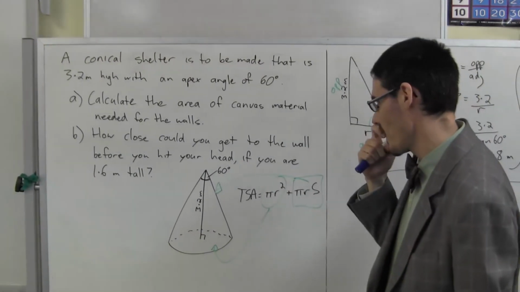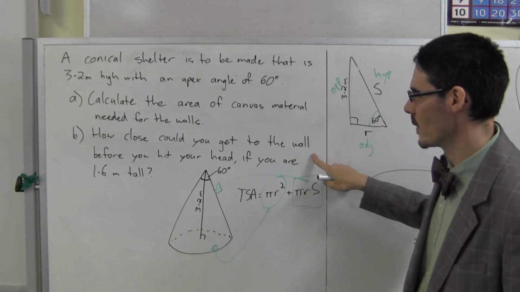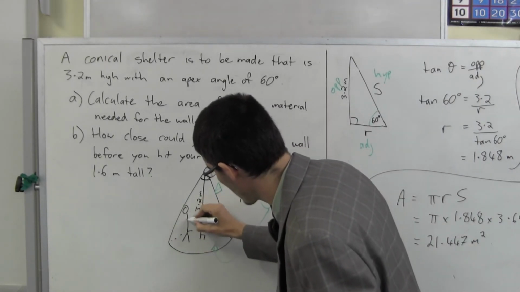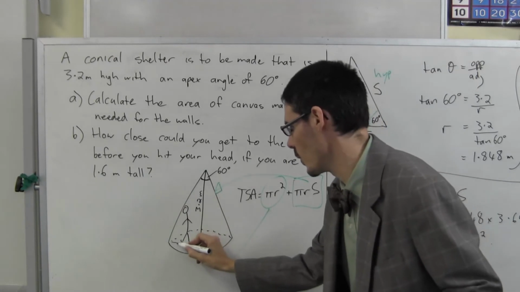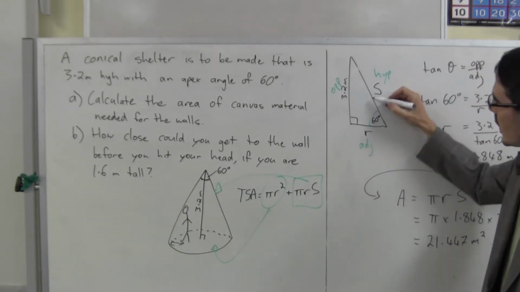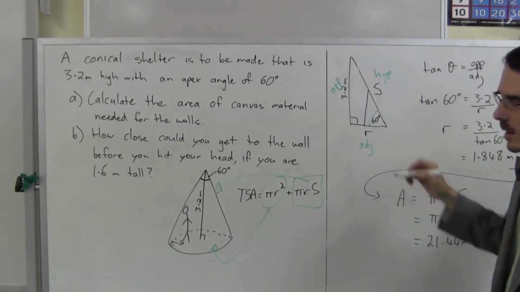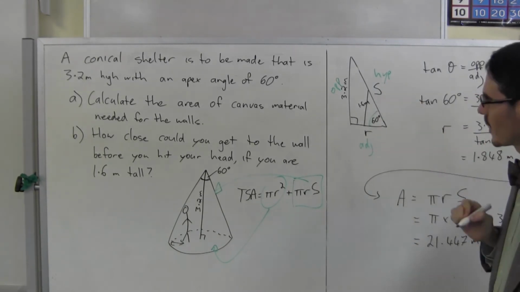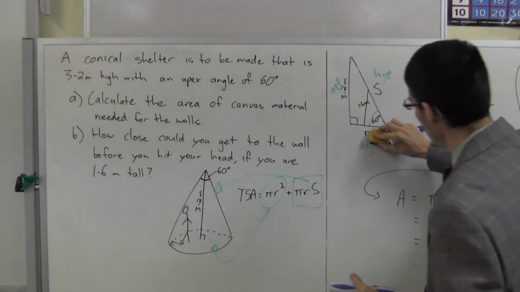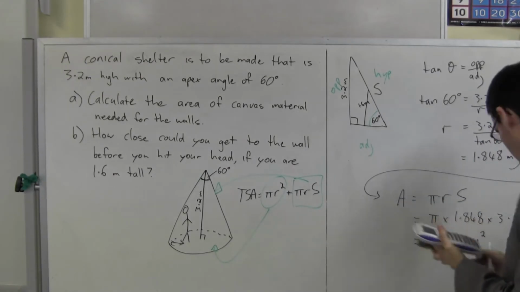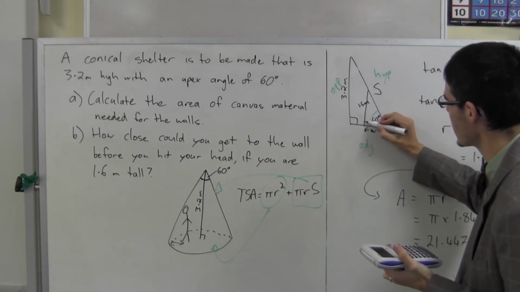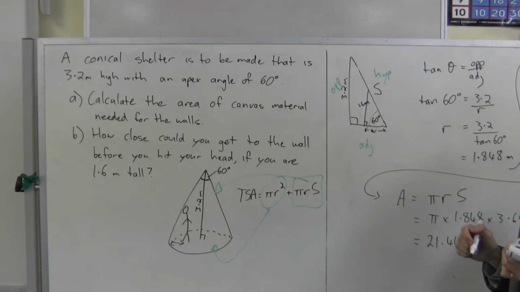B says, how close could you get to the wall before you hit your head? So you're standing here. How close can you get to the wall before you hit your head? If I go back to my triangle here, I'm standing here somewhere. I'm 1.6 metres tall, and I want to know not the radius, but let's call it W for wall. How close can I get to the wall before I hit my head?